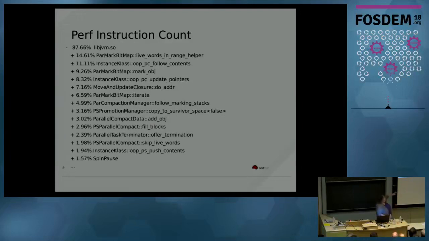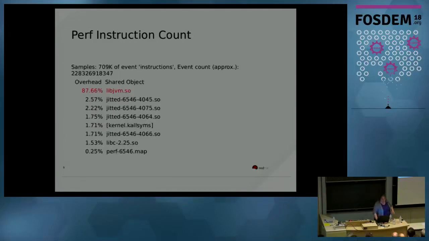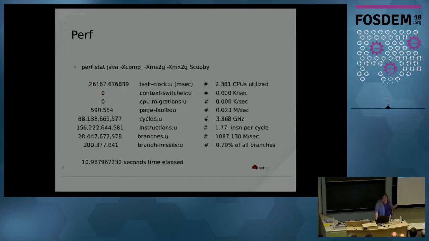If you had a really good garbage collector, the JITted code would be a much higher percentage of what was going on. Or if you had a program that was less perverse. But just to show you what you can see. You can also run perfstat to give you a high-level overview of what's going on, just to give you an idea of how well the garbage collector is working.